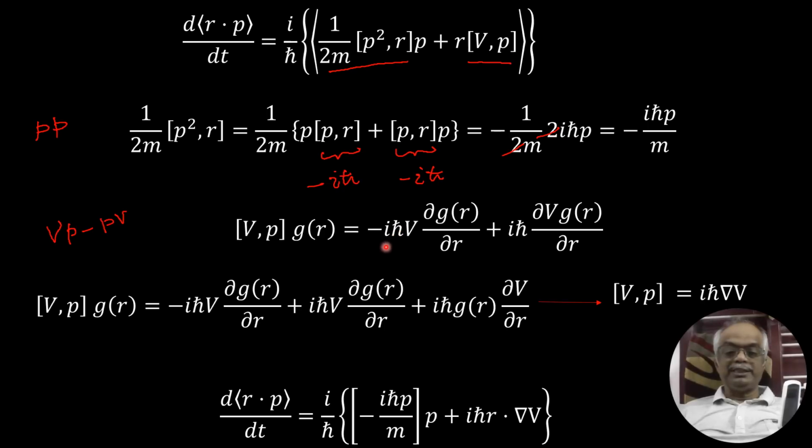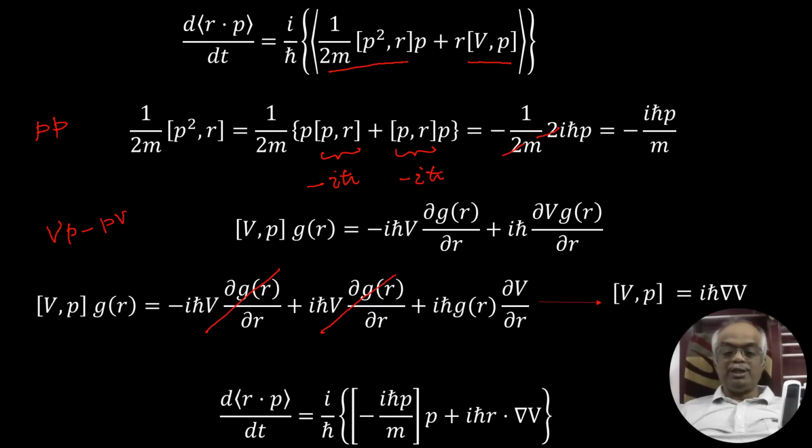Now the first term you keep as it is. In the second term, using the product rule, you keep V as it is and differentiate g, so this becomes delta g of r over delta r. Then you keep g as it is, so this becomes i h cross g delta over delta r of V. Now you see the first two terms get cancelled.